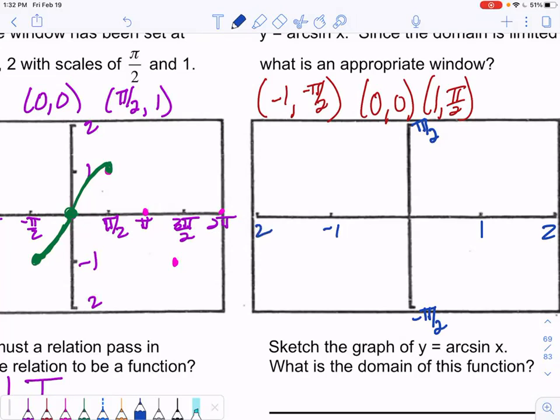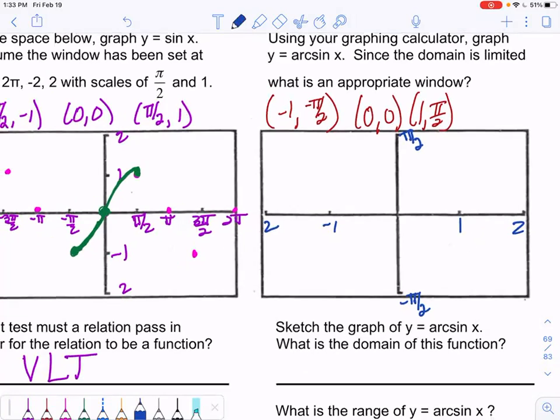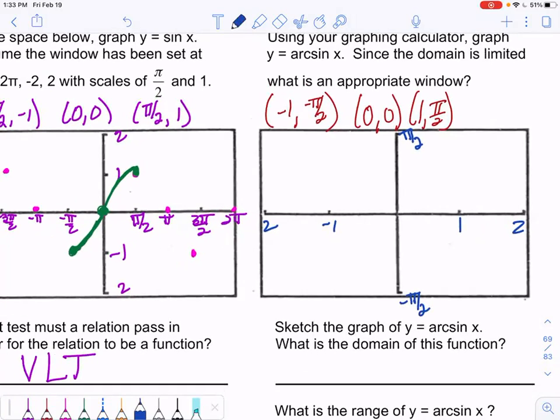So if you're switching x and y to get an inverse, then the axes, when you label them, must switch as well. So we're going to plot the 3 new points that we have found by literally switching x and y. We now have a point at -1 and -π/2. We have a point at 0, 0, and we have a point at +1, +π/2.